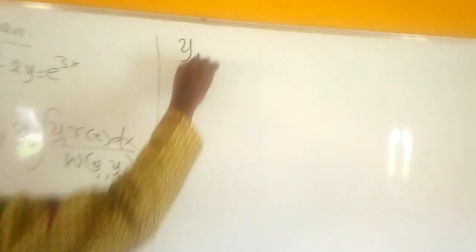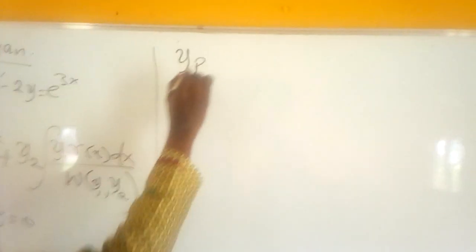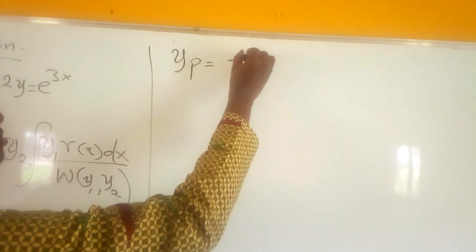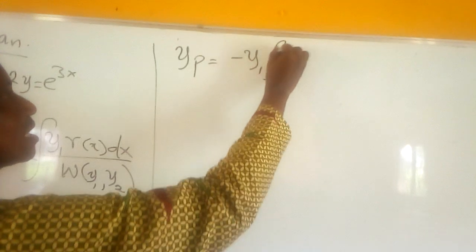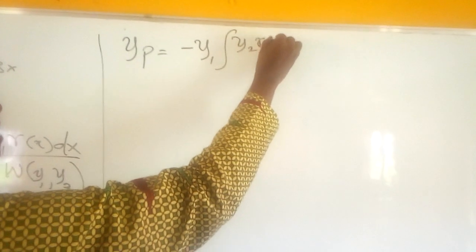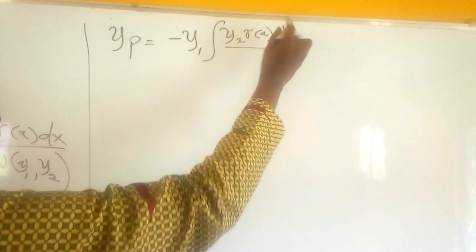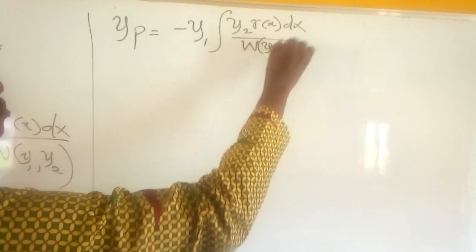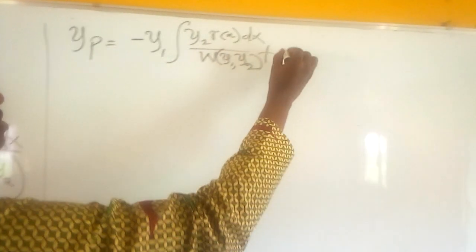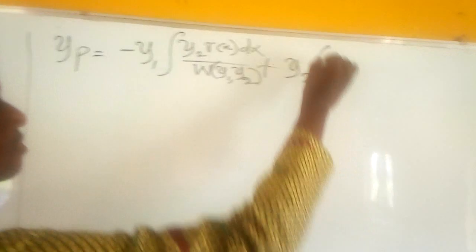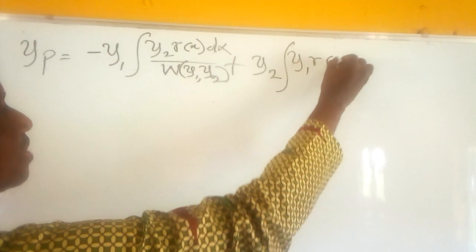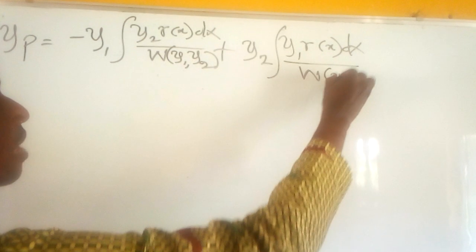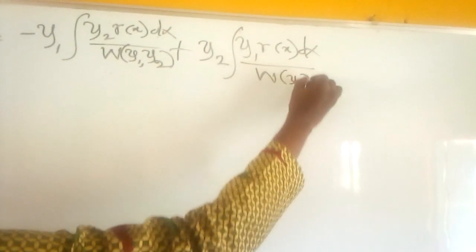y particular is given by the Wronskian expression: minus y1 integral of y2 times r(x) dx over the Wronskian of y1, y2, plus y2 integral of y1 times r(x) dx divided by the Wronskian of y1, y2.